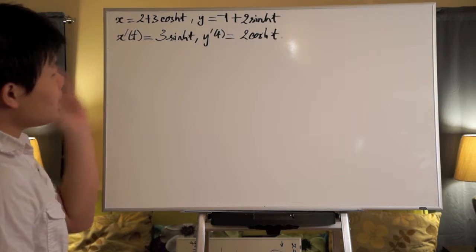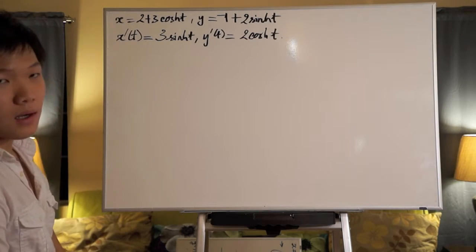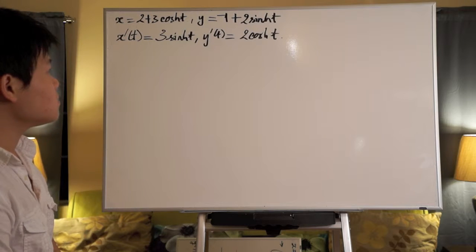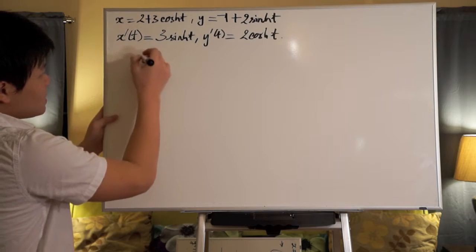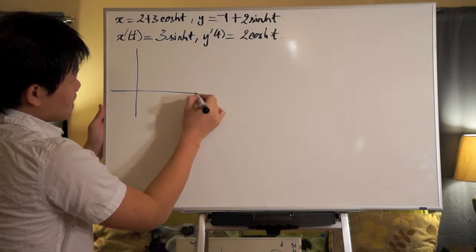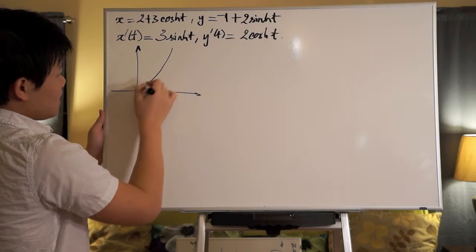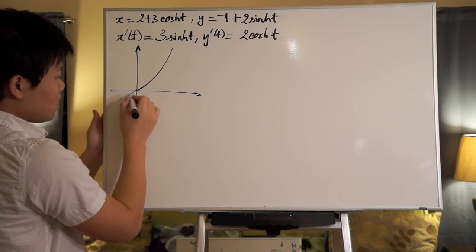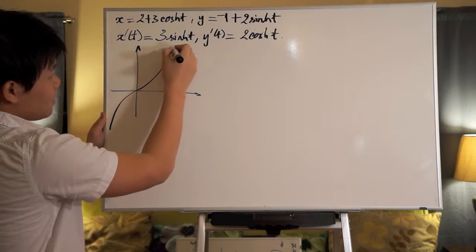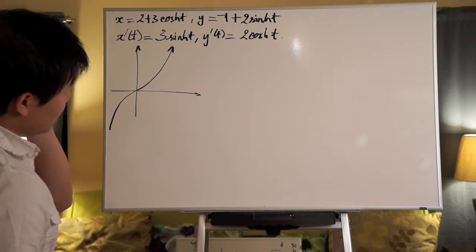Alright. And we might want to draw a graph, right? So we know that sinh of t will behave something like this. At 0, it is 0, and it goes down like that, right? So that's for sinh.